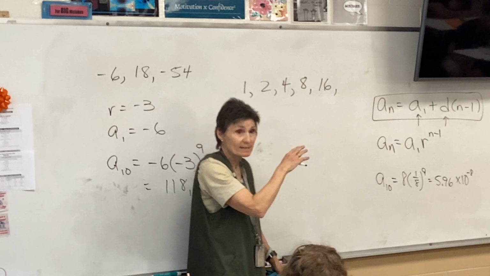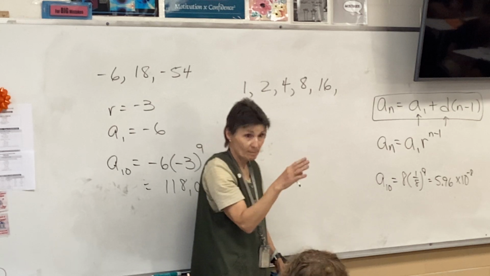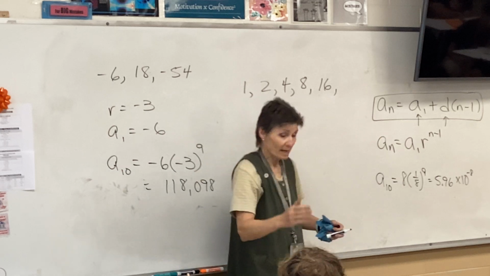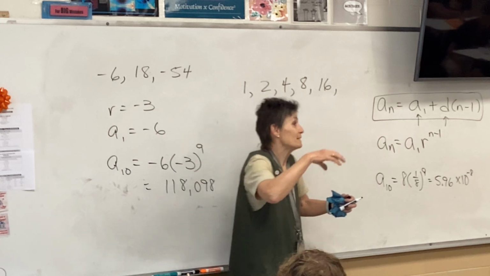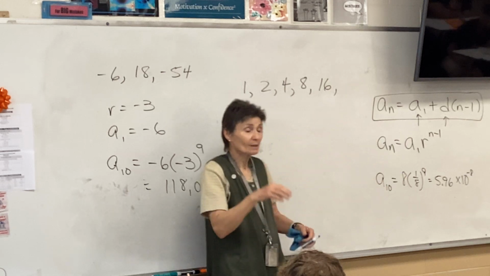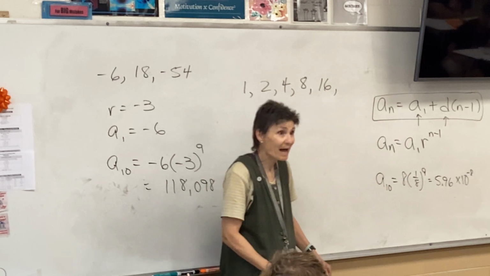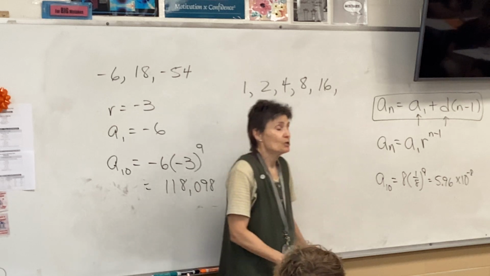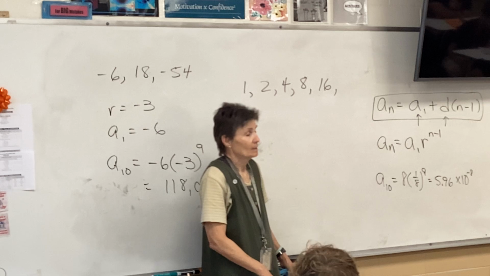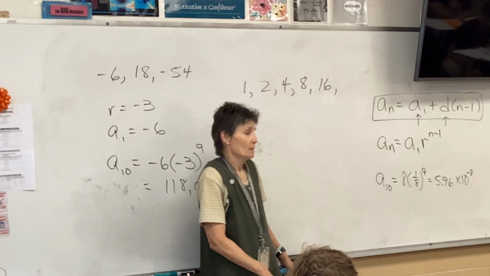What kind of sequence is this? Geometric, right? But as you keep going through the checkerboard, on every square, you put double what you put on the previous square. By the time you get to the last square, you will have enough checkers stacked there to reach the nearest star. And she's like, whoa.